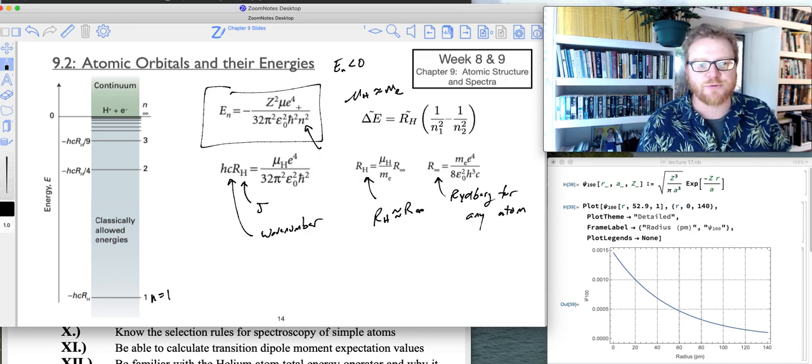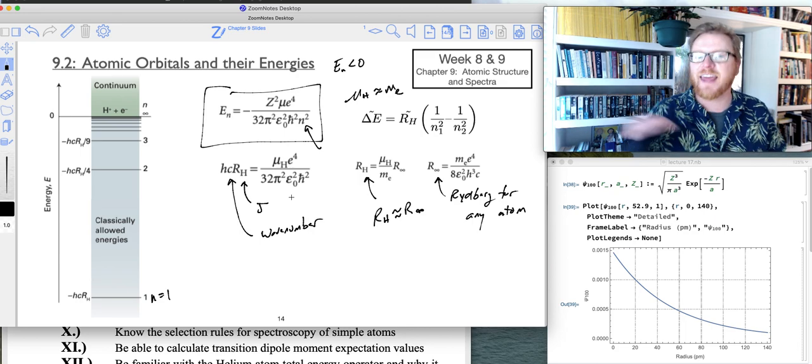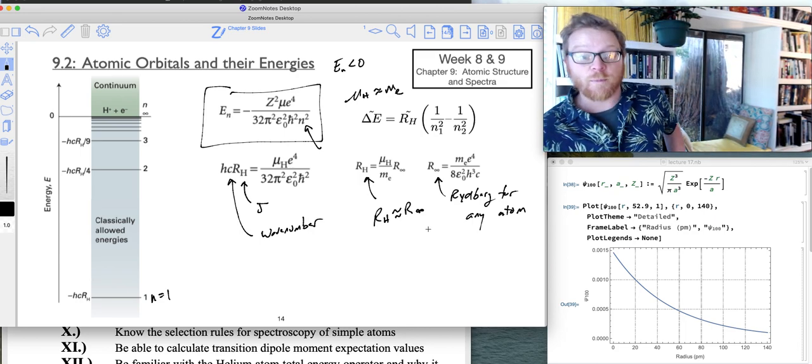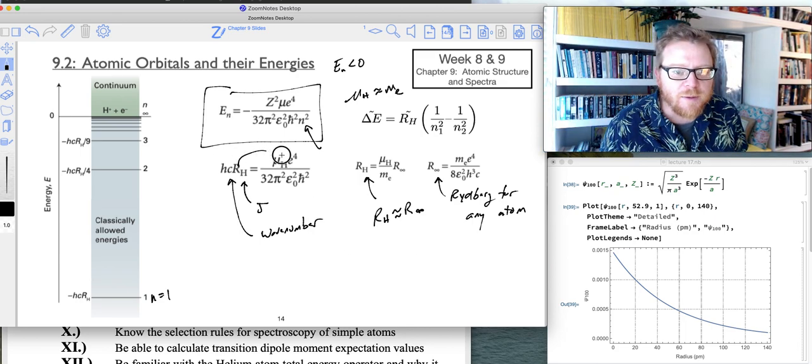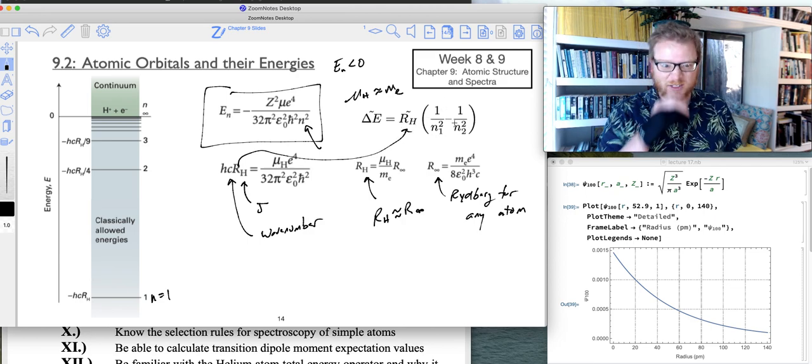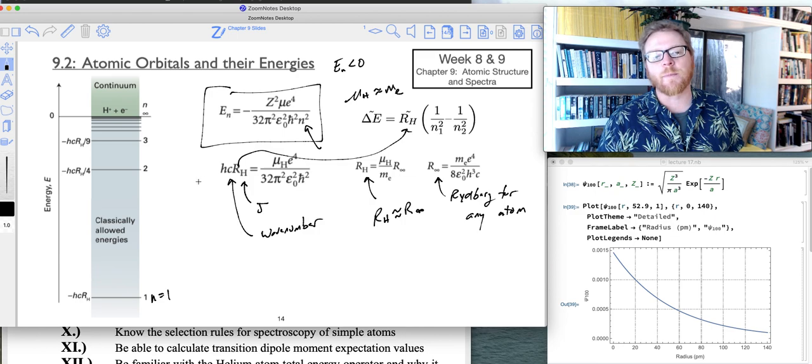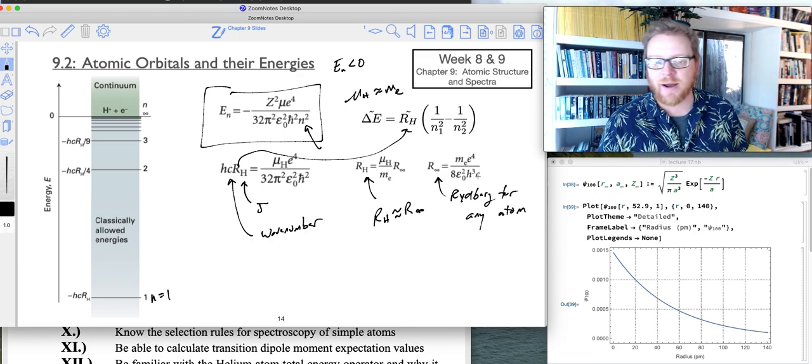There's mu e to the fourth power divided by 32 pi squared epsilon squared h bar squared. And the n has been taken out because remember, my Rydberg can be described by saying 1 over n squared. Multiplying this result by hc is what gives it the wave number unit. And so this R infinity, the hc was divided out by the other side.